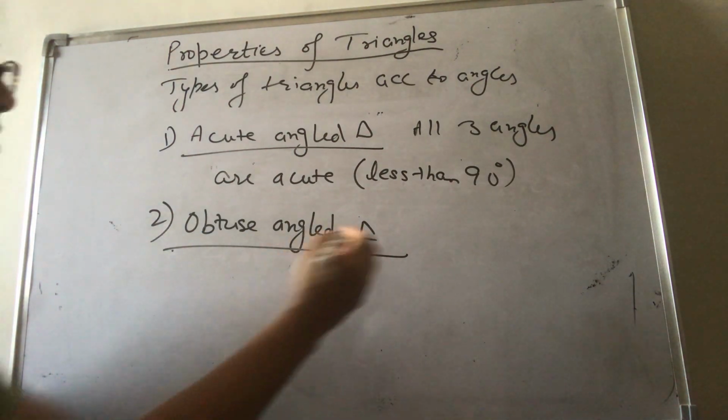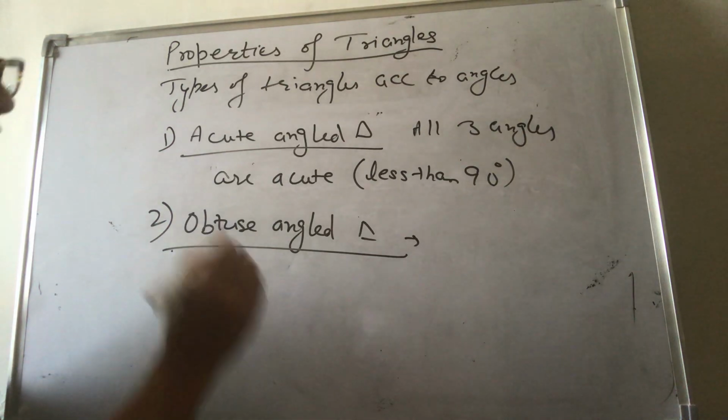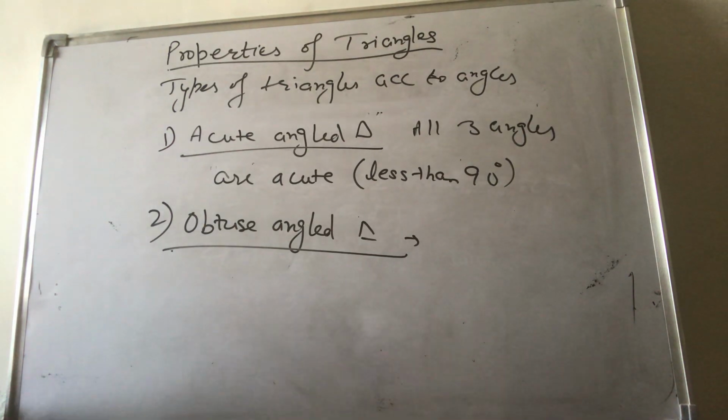Obtuse angle triangle means only one. A triangle has three angles, but out of three, only one angle should be obtuse.